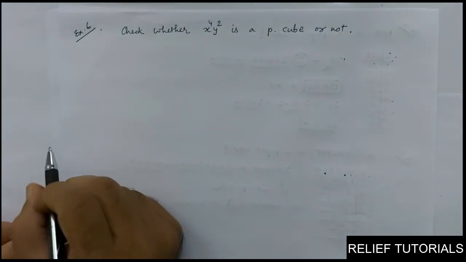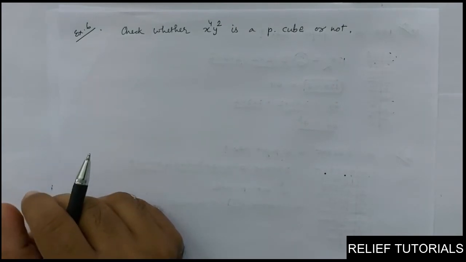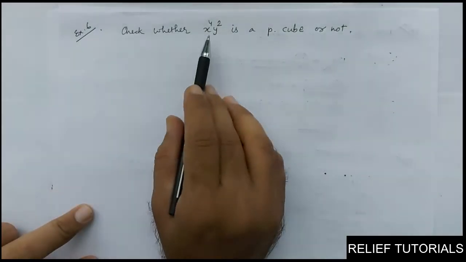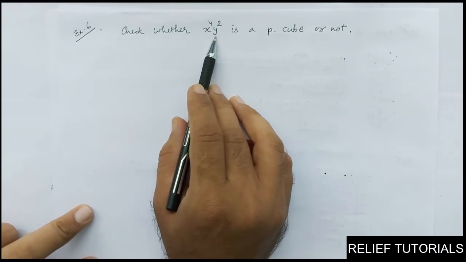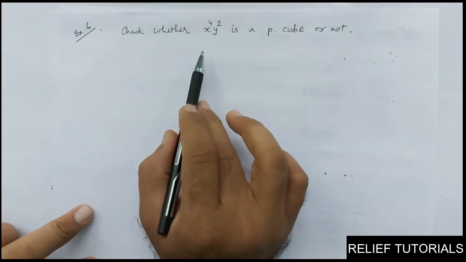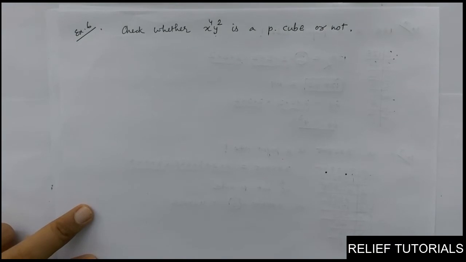If not, then find out two things. First, by which number it should be multiplied so that it forms a perfect cube number, or second question, by which number it should be divided so the quotient, means the new number, would be a perfect cube.